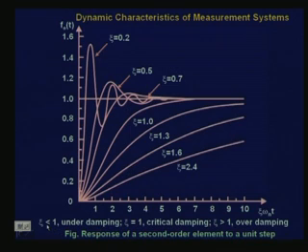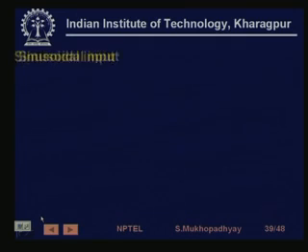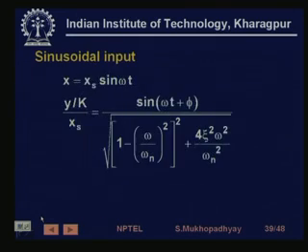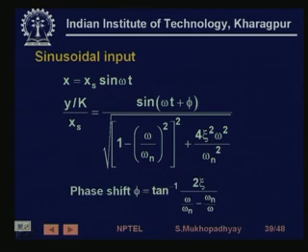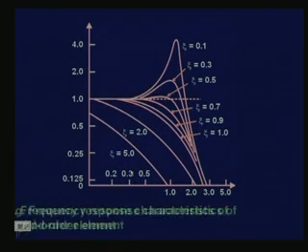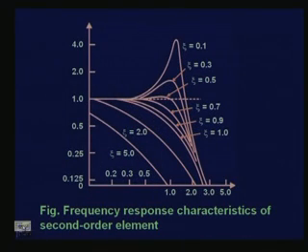Similarly, if you see its response to a sinusoidal input, again you will find that these are the expressions. So, you get a gain and you get a phase shift, and this is the plot for gain.